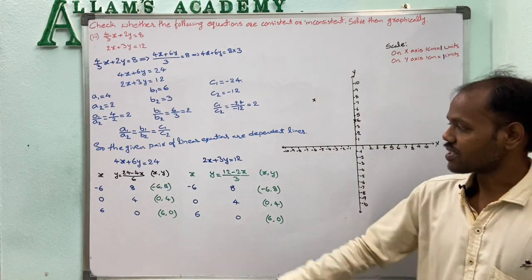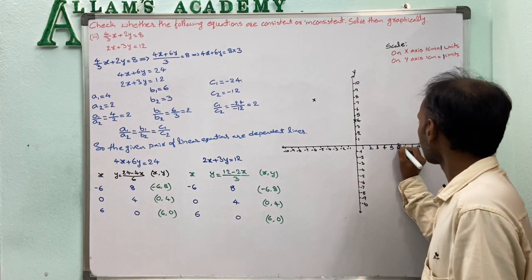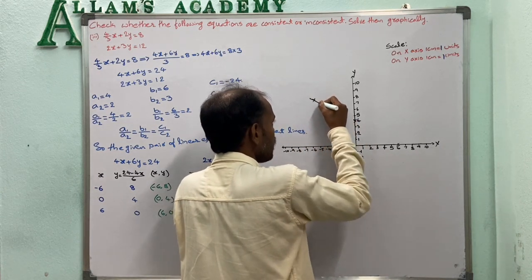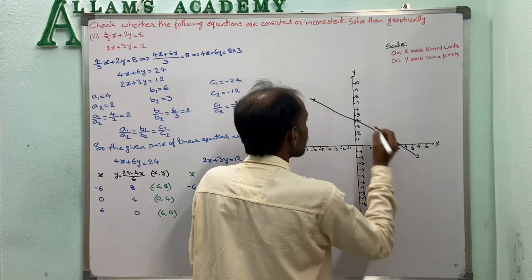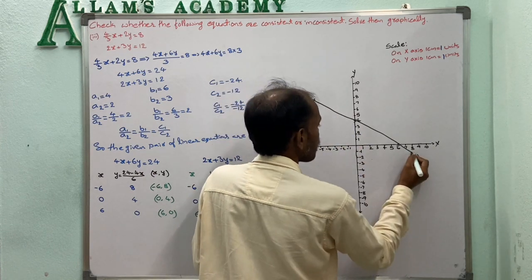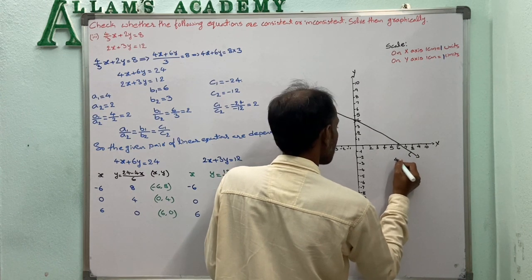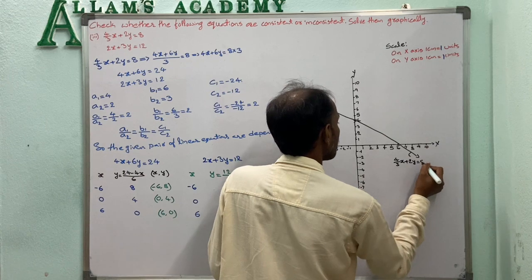Next, for 6 the corresponding y coordinate is 0. Now if we join the points we get a straight line. That is 4x + 6y = 24, that means 4/3x + 2y = 8.